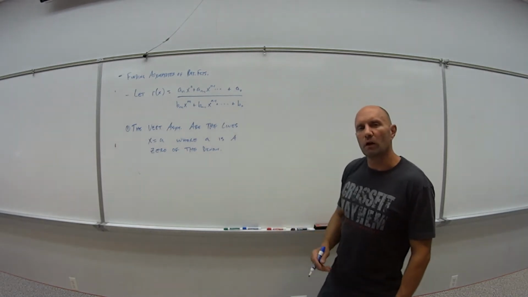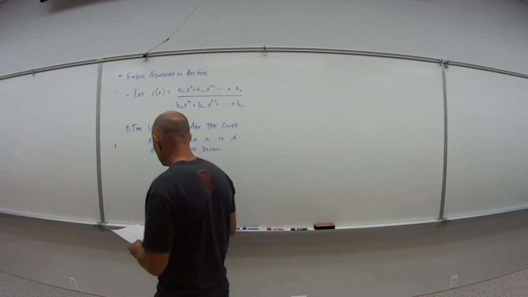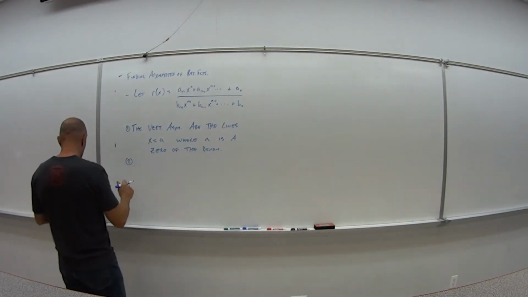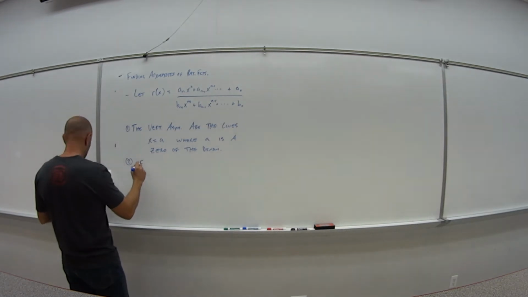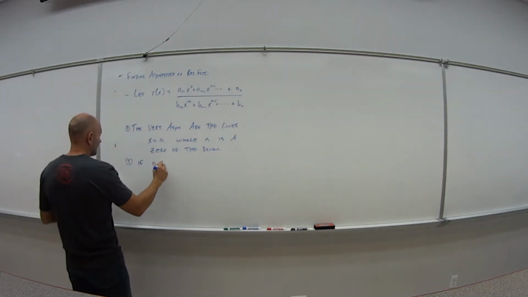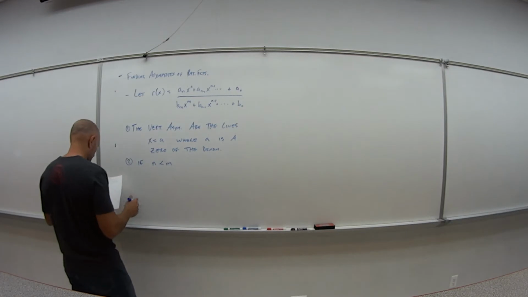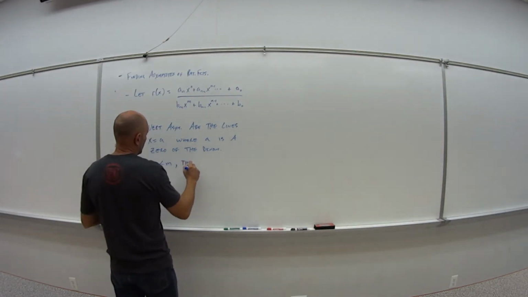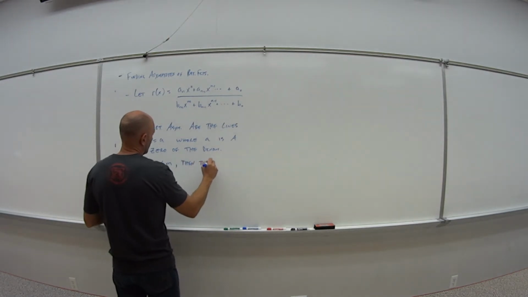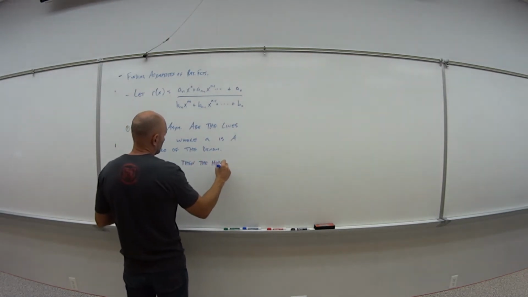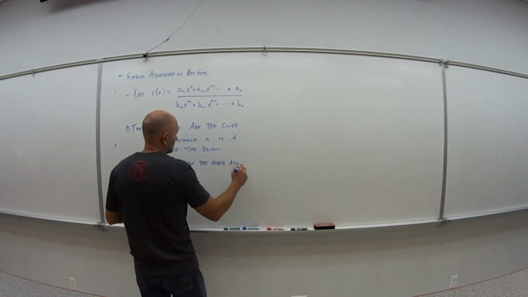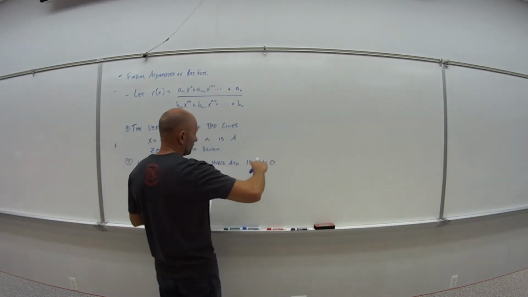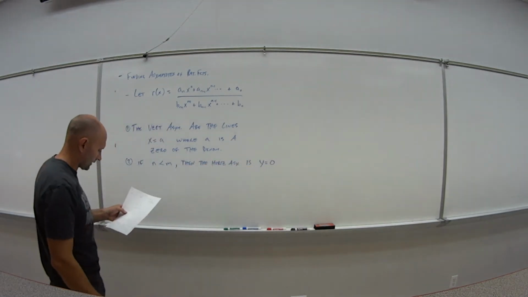The trickier one comes for our horizontal. And so then we have a few different cases. So if n is less than m, then the horizontal asymptote is just y equals 0. So the x-axis basically.